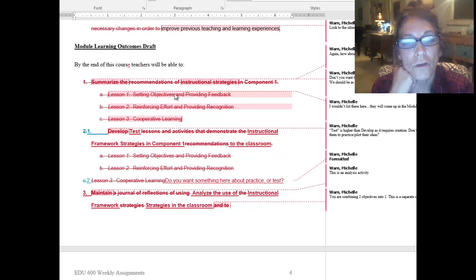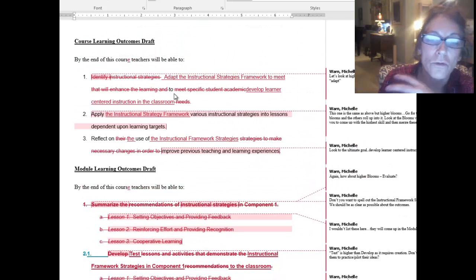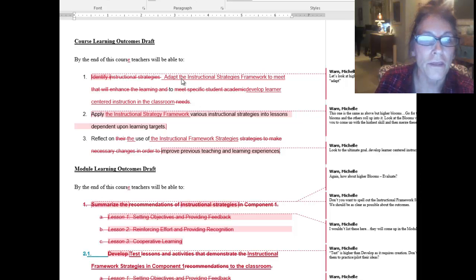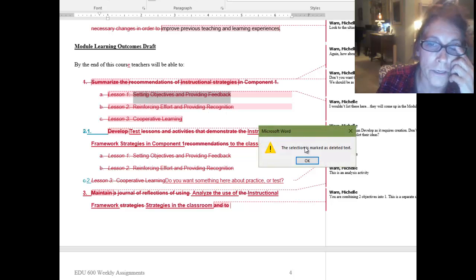So I'm seeing four learning outcomes for each of your strategies, okay? And then your course learning outcomes would be those same four, but for the instructional strategies framework, that component one, whereas the other ones are the same four, but for each of these separate categories, okay?